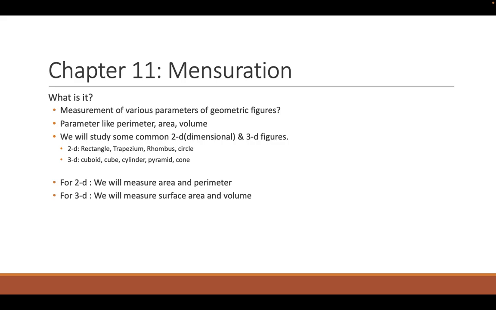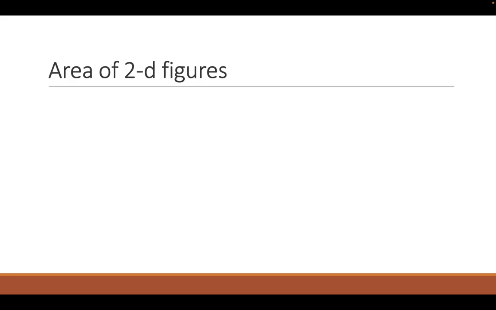Cube means all sides are the same, cuboid doesn't have all sides the same, cylinder you already know, pyramid we just studied, and the cone is a non-polyhedron. So for 2D we will measure area and perimeter, and for 3D we will measure area and volume.